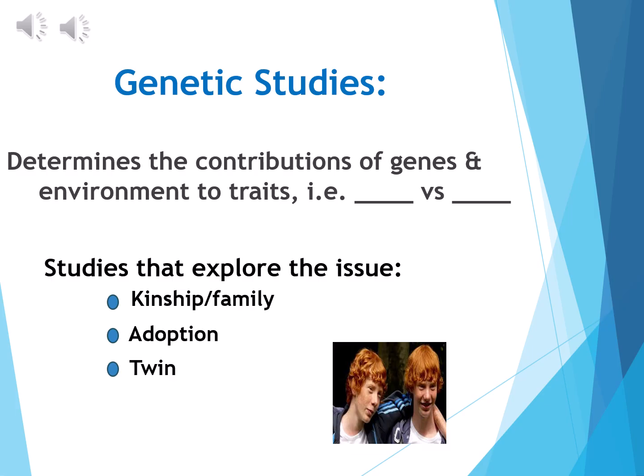Other genetic related designs include the adoption study, in which we try to determine if the child with a condition is more like the parents that gave the genes or the parents that gave the environment. The third type of study is the twin study, comparing the rate of the condition in identical versus fraternal twins.